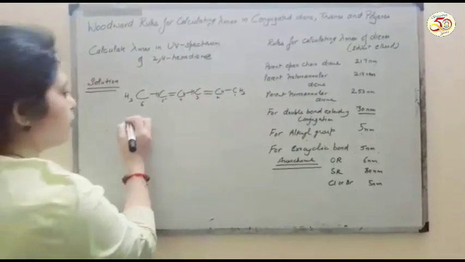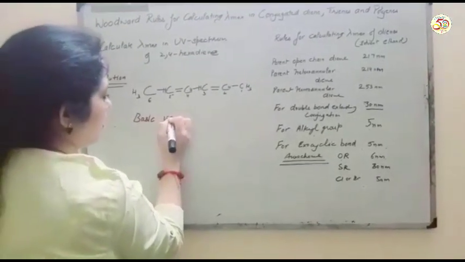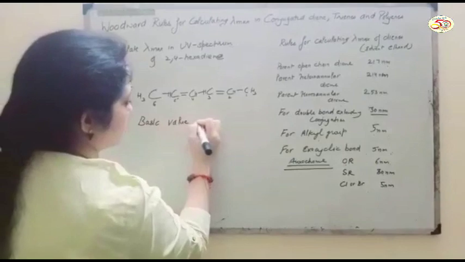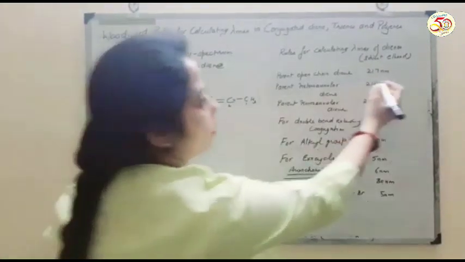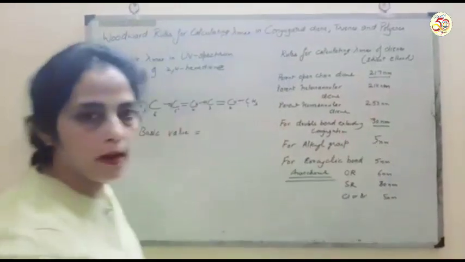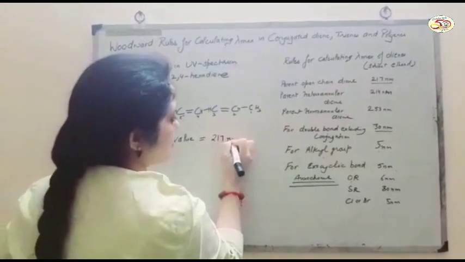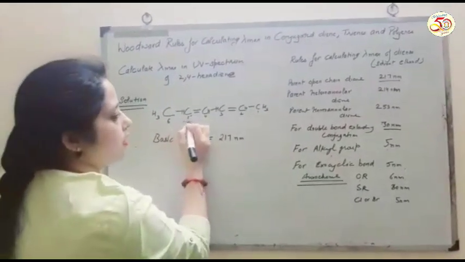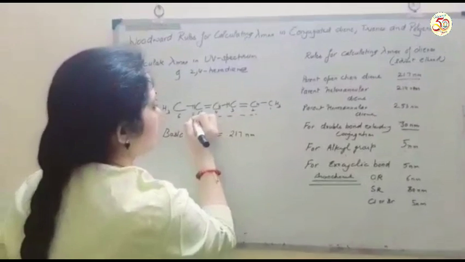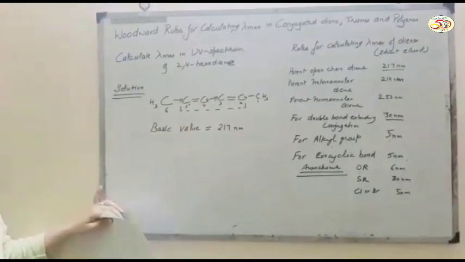The basic value for this diene molecule, as it is an open chain diene molecule, the basic value of lambda max is 217 nanometer. Now this is our basic diene molecule selected for the lambda max.